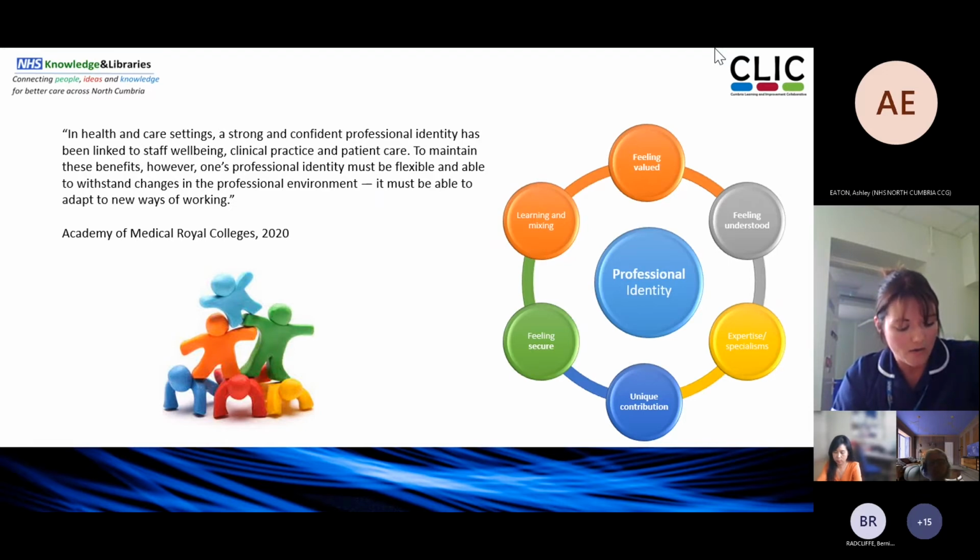With eCommunity, it's live across a lot of areas within the UK, but we were the first area to go live with community rehab teams and home care practitioners. So at the start of the project there was a fear of losing their professional identity, as it was changing the way some staff groups worked, slightly differently.